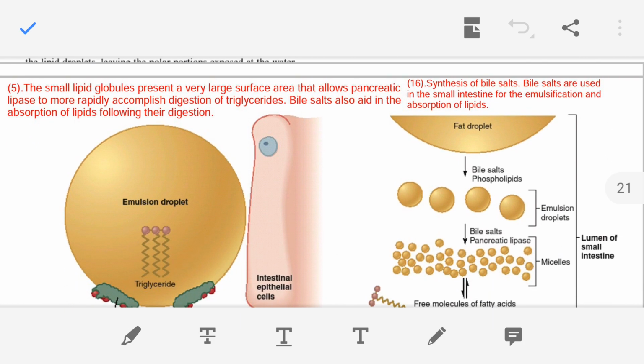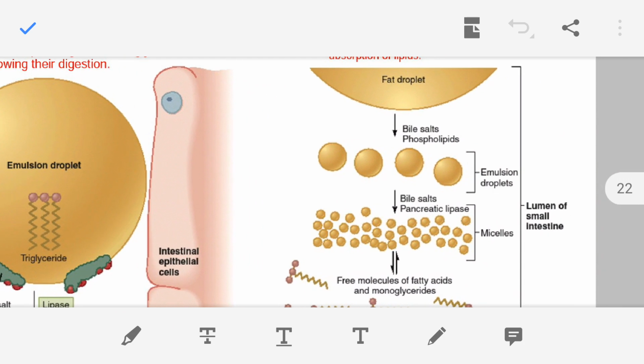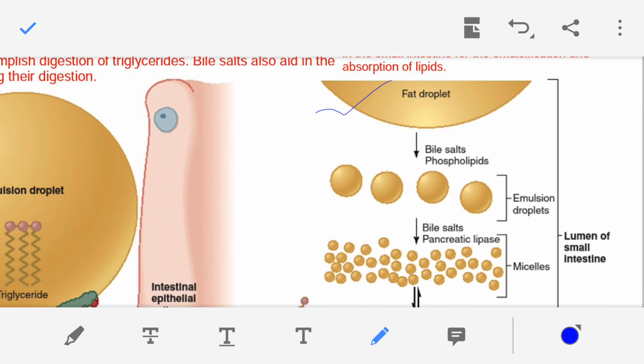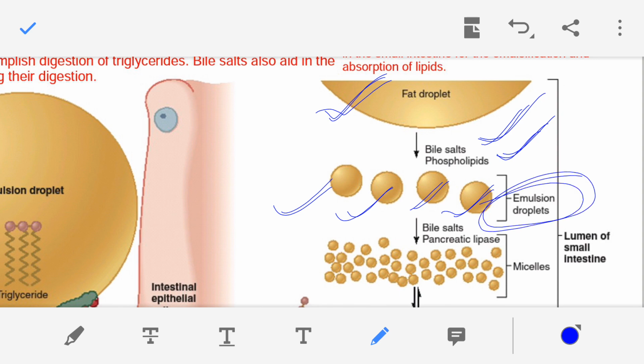So how are they playing a role? See, over here the fat droplet is shown. We have just learned how the bile salt and phospholipid are involved in the emulsification. So now we have the smaller lipid globules, and these smaller ones are the emulsion droplets.